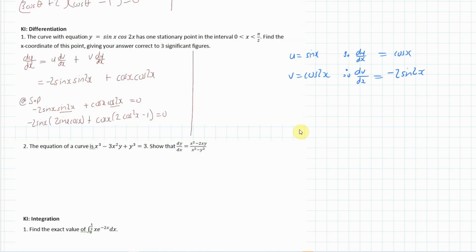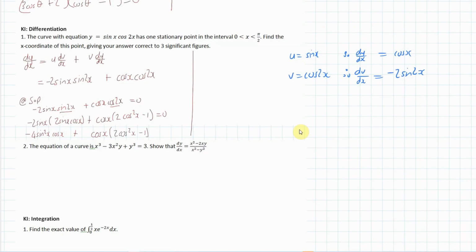So I'm going to get minus 4 sine squared x cosine x plus cos x into 2 cos squared x minus 1.